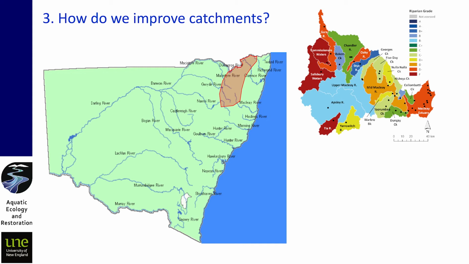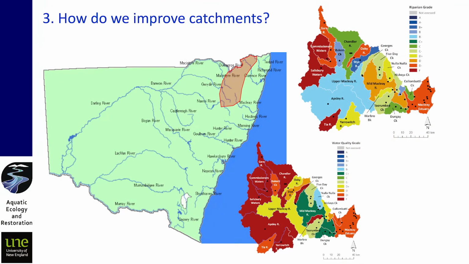And you can see that these little subcatchments, each little block is a subcatchment, and the subcatchments on the left of that map that are in the dark red are the ones that are on the northern tablelands. So they're the headwaters sort of near Armidale, near Walcha, and up towards Guyra with the Guyra River. And so you can see that, and this is riparian zones, we have quite poor riparian condition across those headwaters. So these are the headwaters of the Commissioners Waters, Salisbury Waters, and to a lesser extent the Guyra River.